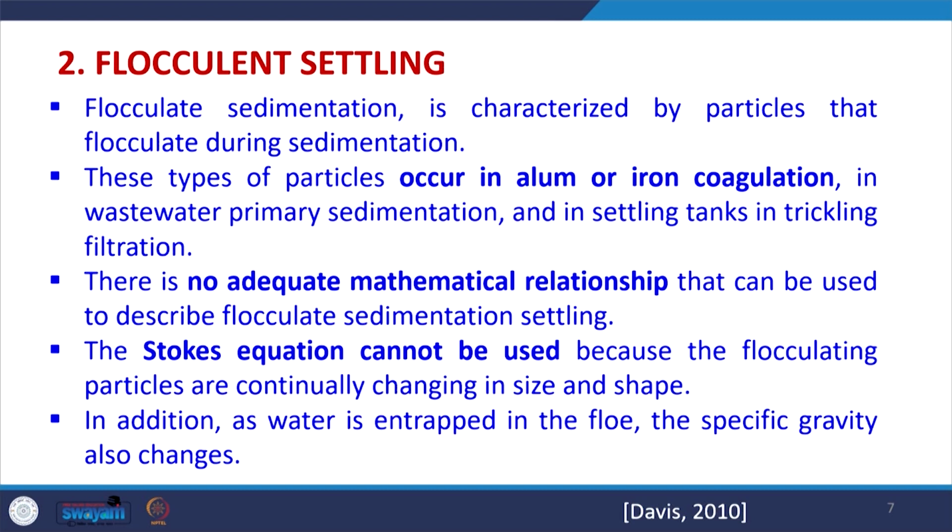This happens when we add coagulants or flocculants in the settling basin itself. Now, there is no adequate mathematical relationship directly, and the Stokes equation cannot be used directly here.